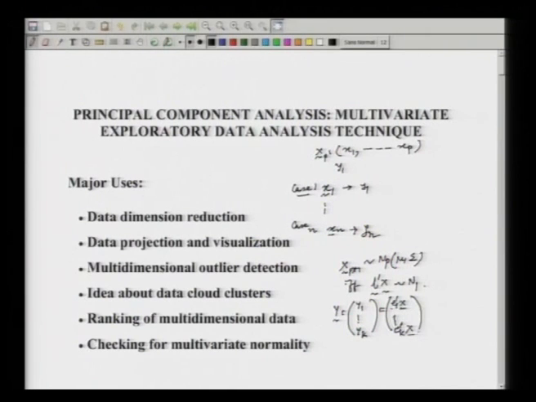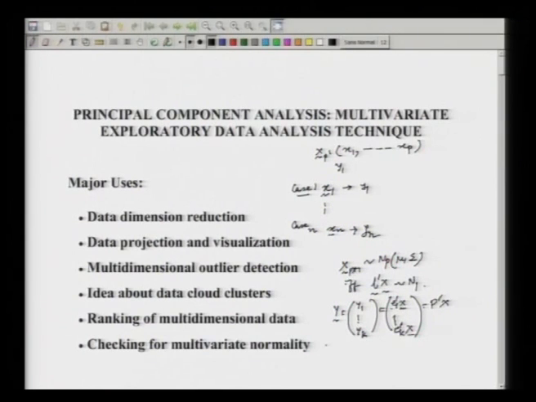These are the principal components, all linear combinations of x, so this is our P transpose x matrix. We check the univariate normality of each of these y 1, y 2 to y k, and if any one of these is not univariate normal, we have reason to believe that this x data vector is not coming from a multivariate normal population.